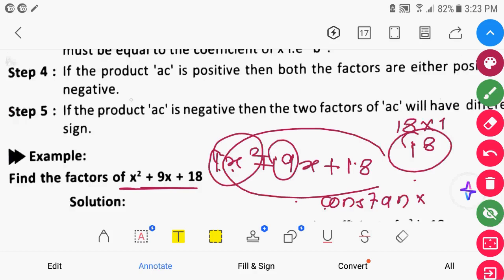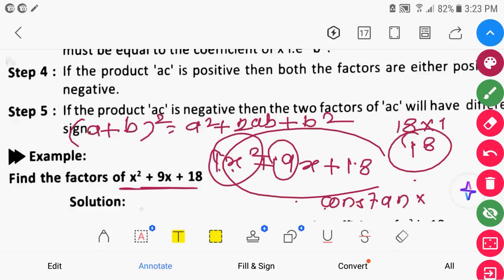Now why? See, (a plus b) square is equal to a square plus 2ab plus b square.